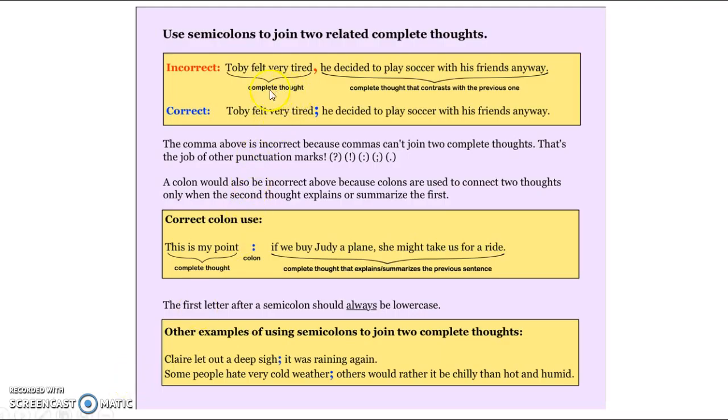So for example, if we say, Toby felt tired; he decided to play soccer with his friends anyway. If we broke those apart, those are both complete or independent clauses. They could stand on their own if we had to. We do not want to put a comma there. A comma is not strong enough to separate independent clauses. That's why we need the semicolon.